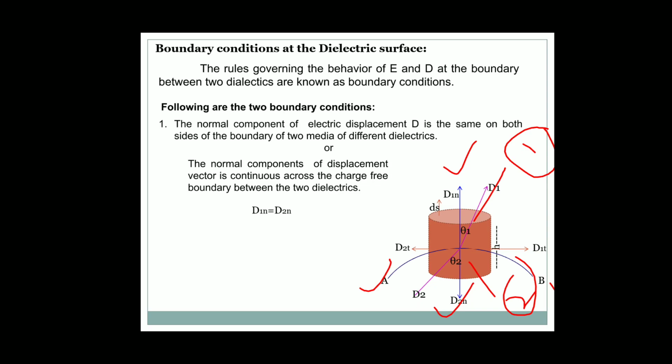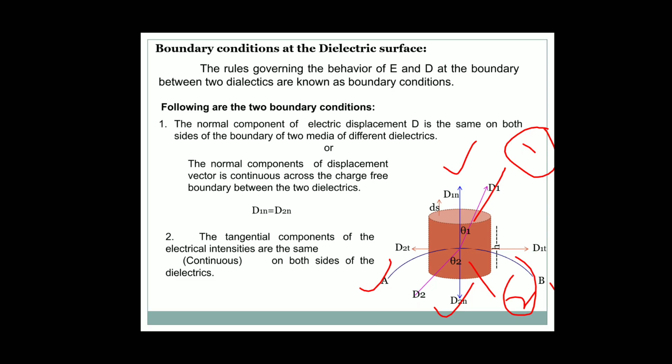The second boundary condition belongs to the intensity of electric field, capital E. The second boundary condition states that the tangential components of the intensity of electric field are the same on both sides of the dielectrics.